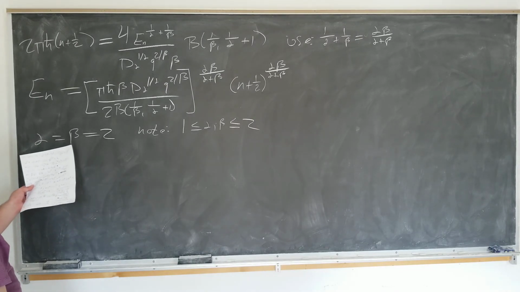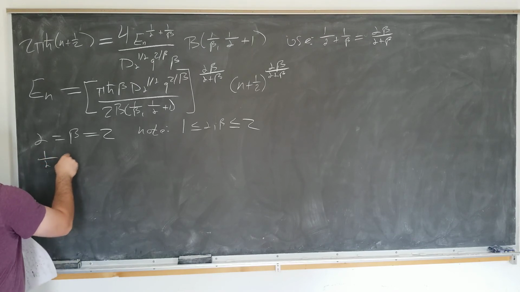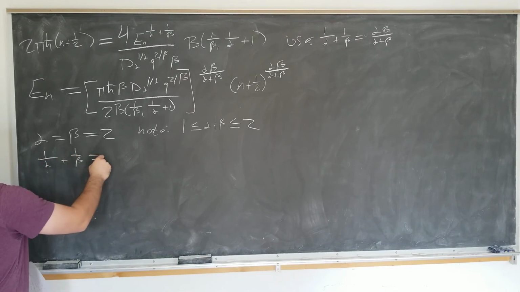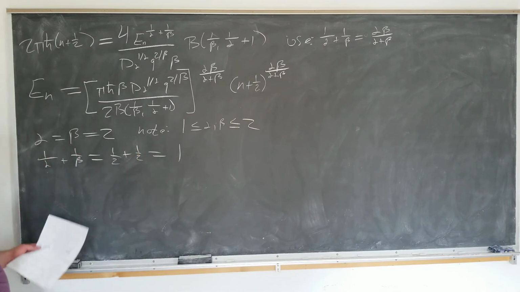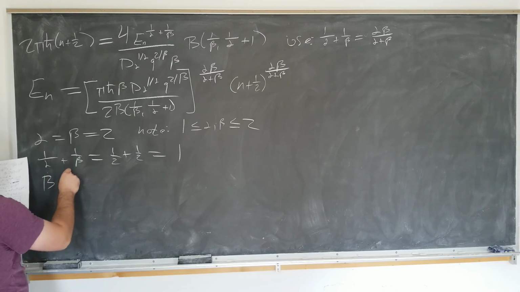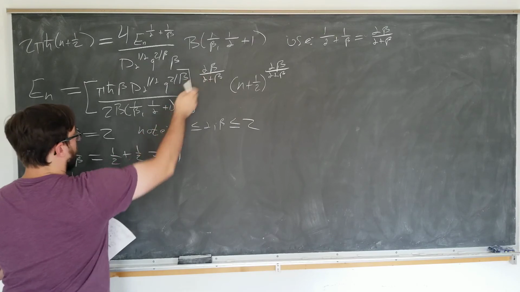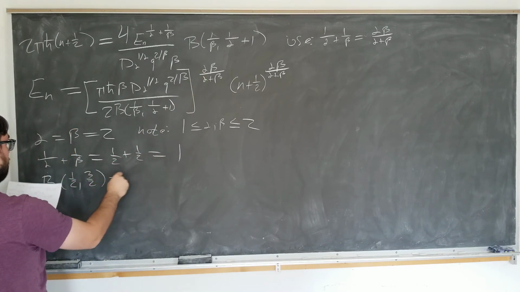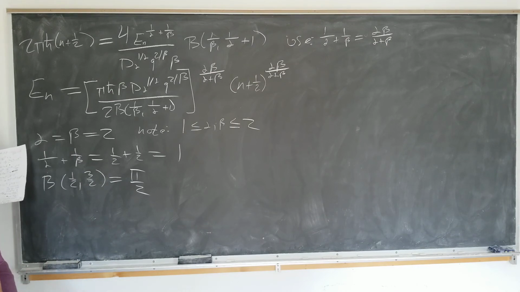Okay, so if I do this, then 1 over alpha plus 1 over beta is obviously 1/2 plus 1/2, which is 1, of course. And we're also going to need the beta function of 1/2 and 3/2, which is just pi over 2. Let's see, anything else that we need?